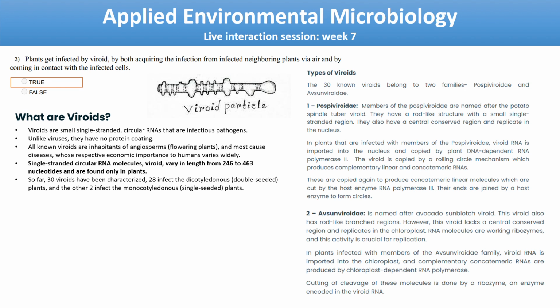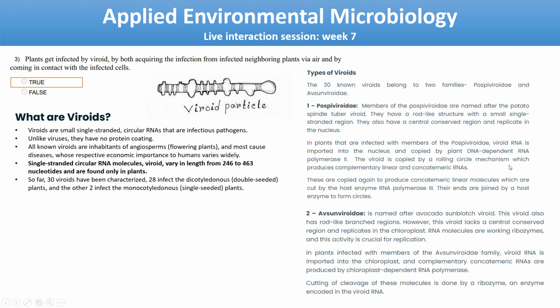Now in the plants, for the members of this kind of family, the viroid RNA is imported into the chloroplast, wherein the complementary concatemeric RNAs are produced, and then they are cleaved, cut, and then ligated by the ribozymes, which are encoded inside the viroid RNA.